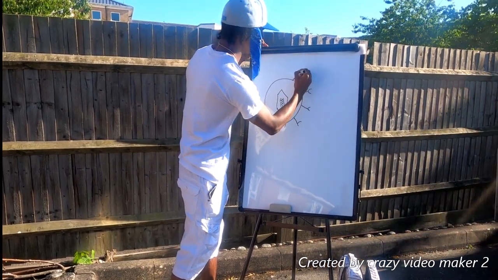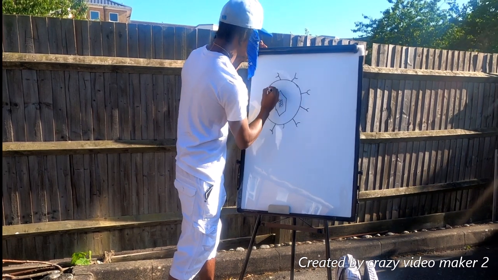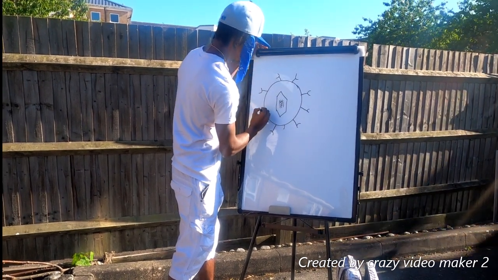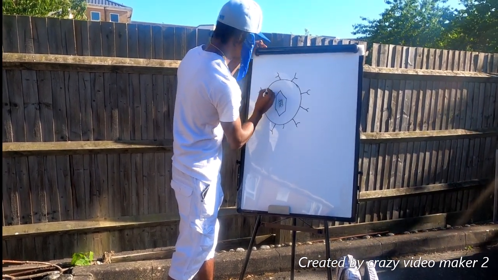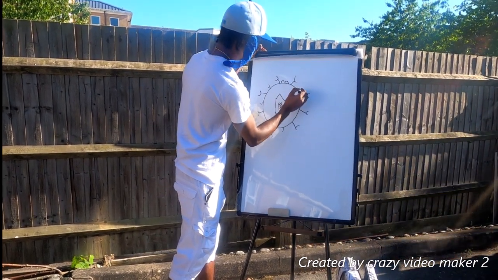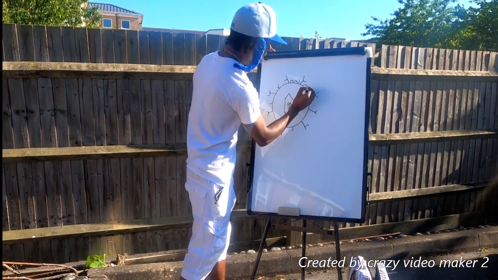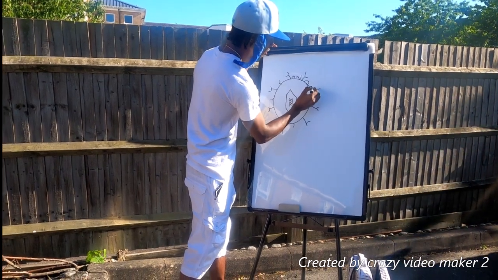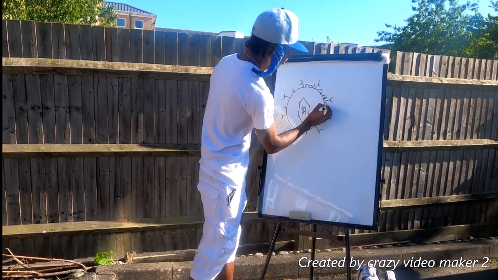So the reason why it's called corona is because of the way the spike is shaped.